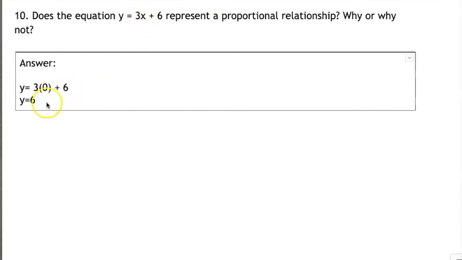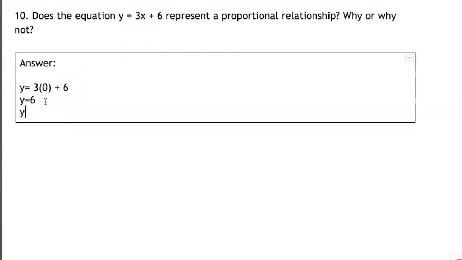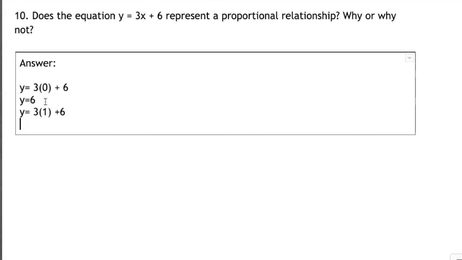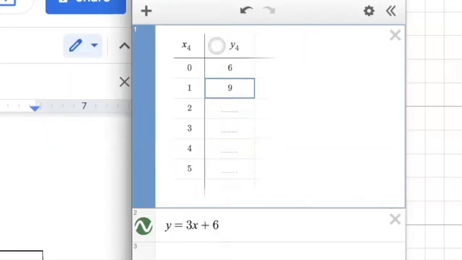Okay, so what about if x is 1? Y equals 3 times 1 plus 6. So y equals 3 plus 6, which equals 9. So that one would be 9.